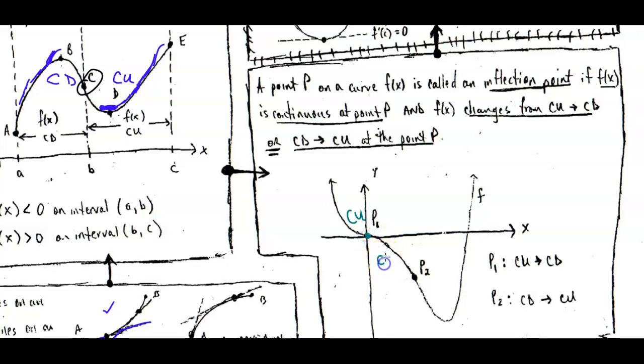Here it changes, and then it's concave down. Here it changes, and now it's concave up again. And of course, P1 and P2 are going to be places where we have an inflection point.